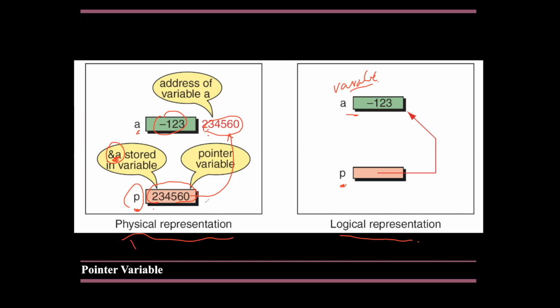So I just wanted to mention that there is a distinction between a variable and its value. A variable has a memory location. A value is simply a literal that is stored inside that variable according to the type that this variable represents.